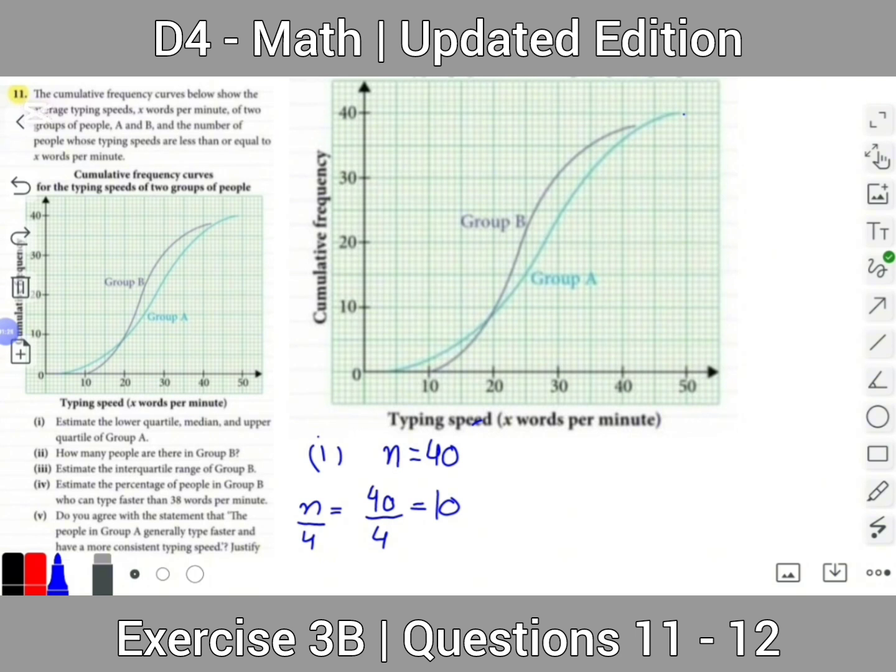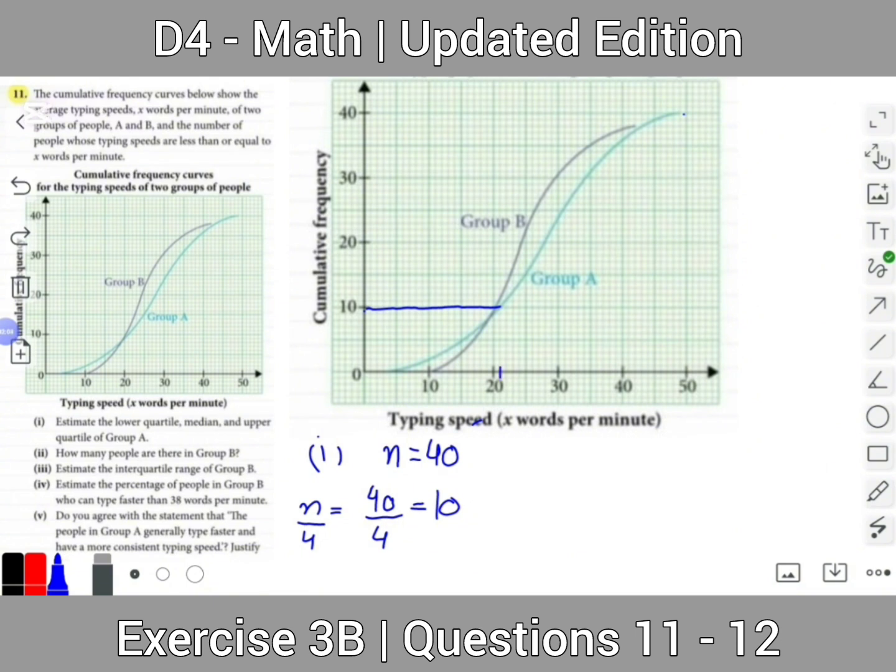So from 10 along the y-axis we will draw a horizontal line until it touches the curve corresponding to group A. Now from the point of intersection on the cumulative frequency curve representing group A, we draw a vertical line until it touches the x-axis.